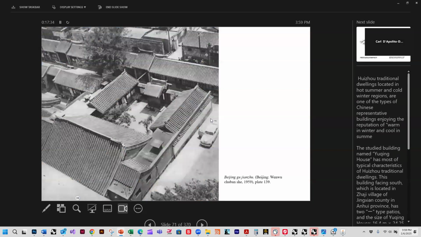And then I think the traditional, this is in Beijing, a traditional house in Beijing, but in Hui, I don't know how to say it in Hui, they're supposed to be a little bit more about ventilation.